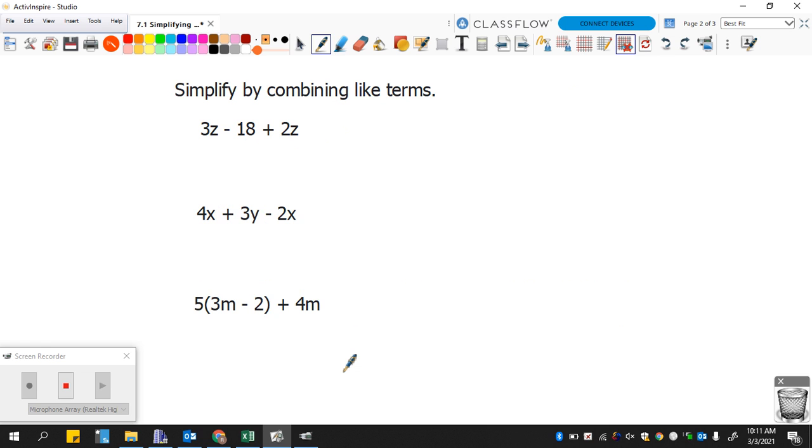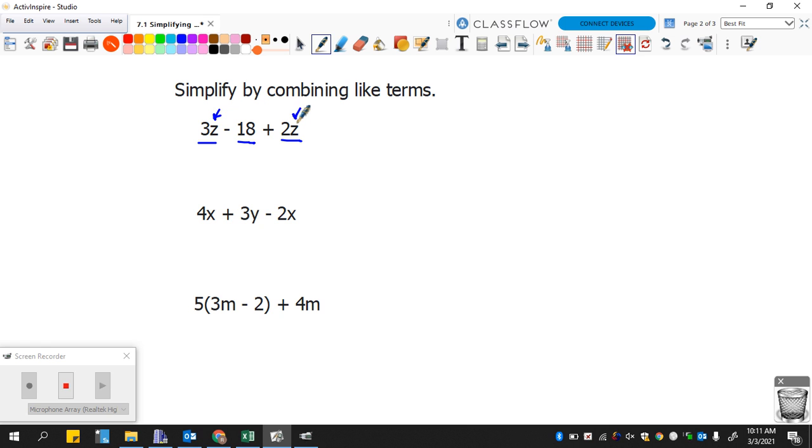All right, so simplify by combining the like terms. So we have a 3z, okay, that's one term, a z term. You have an 18, that's a constant, and you have a 2z. All right, so you notice here we have a z here, and we have a z here.